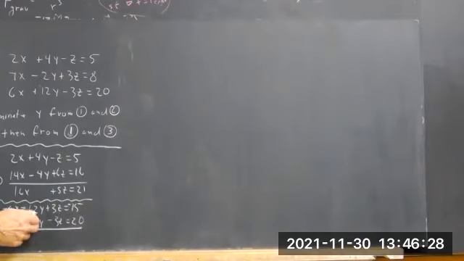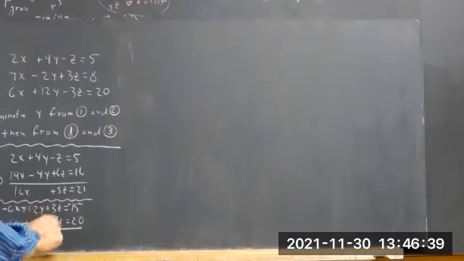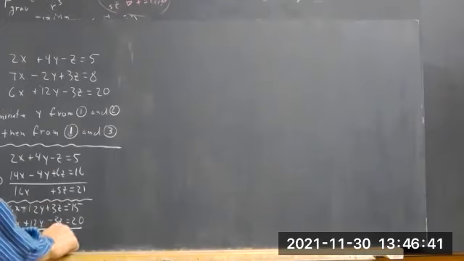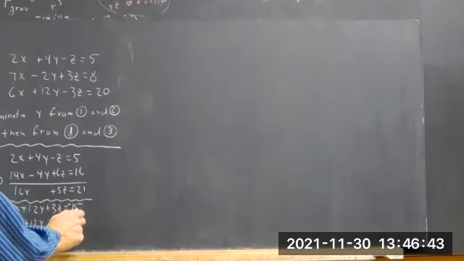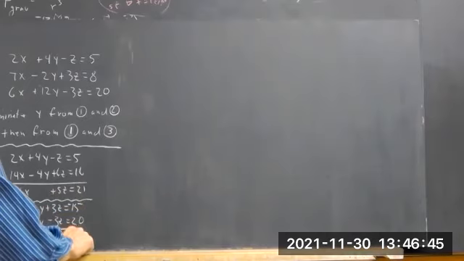So that the -12y and the 12y add up to 0. -6x and 6x add up to 0. 3z and -3z add up to 0. -15 and 20 add up to 5.